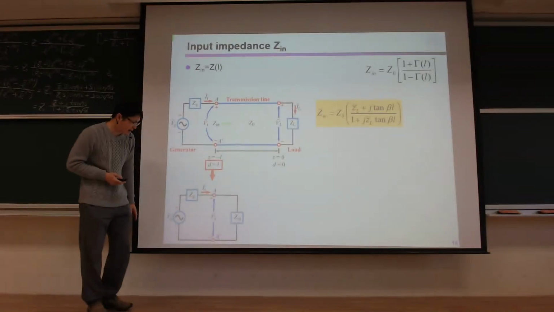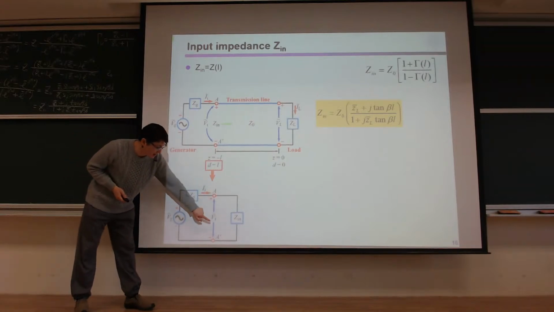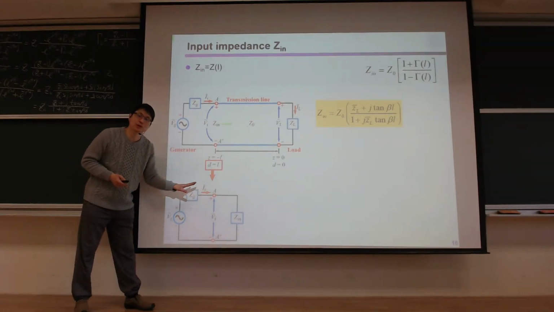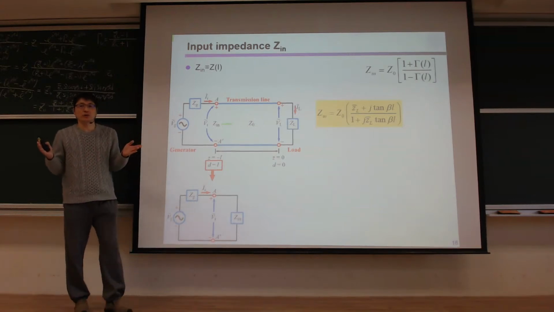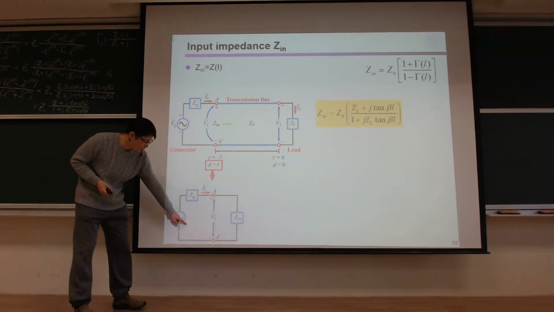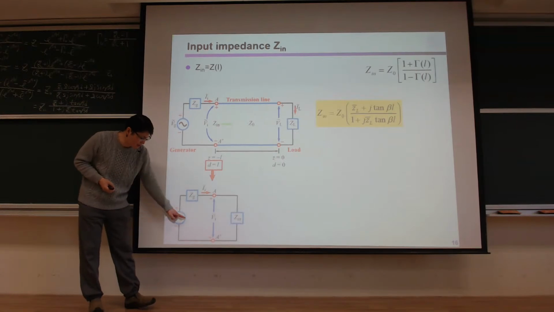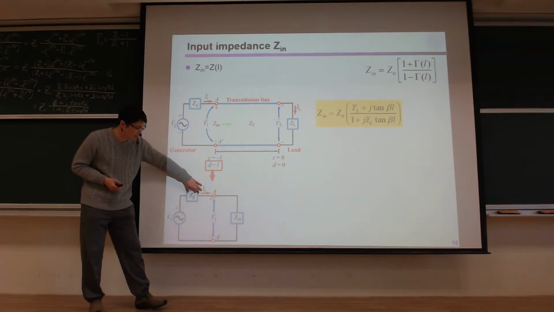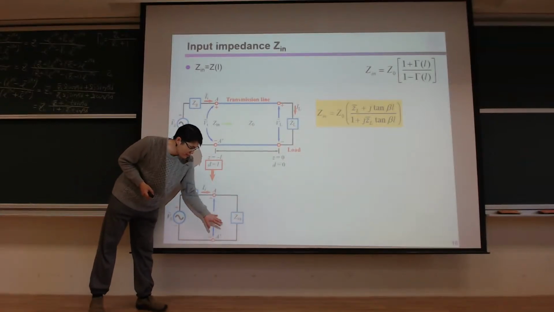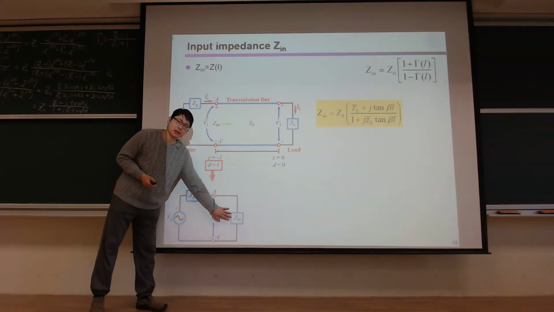Once I can do that, I can write down my input voltage. That's something we learned from the voltage division rule, right? So we know our input source voltage is VG, and I have my intrinsic generator impedance, and now I have my entire effective input impedance.